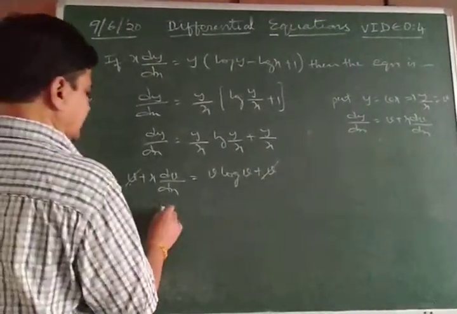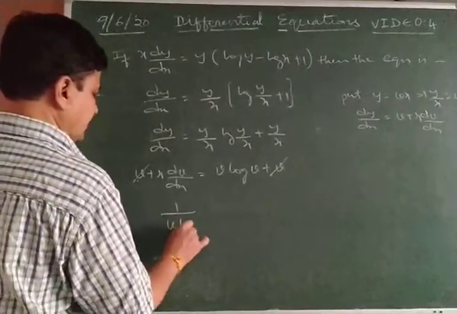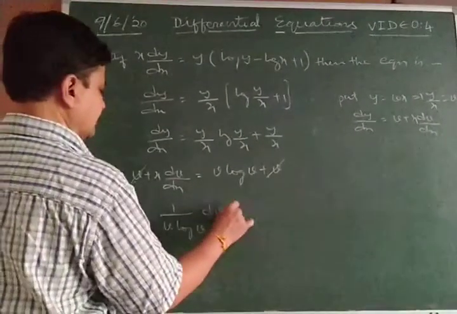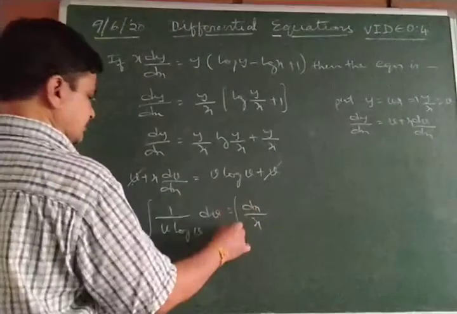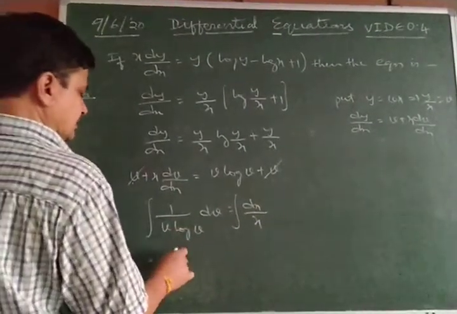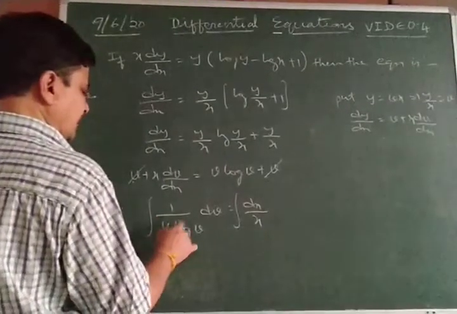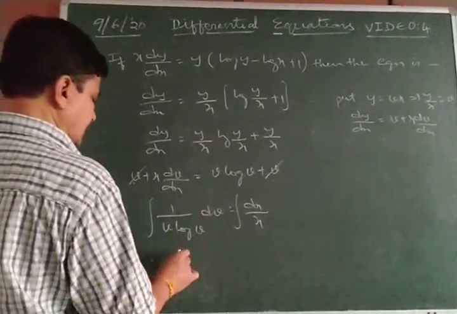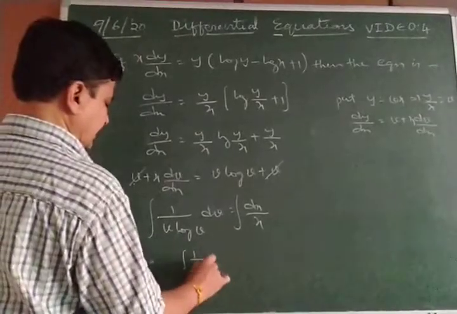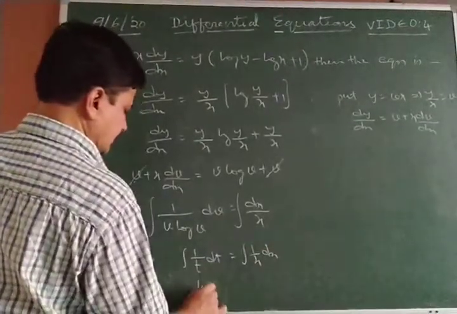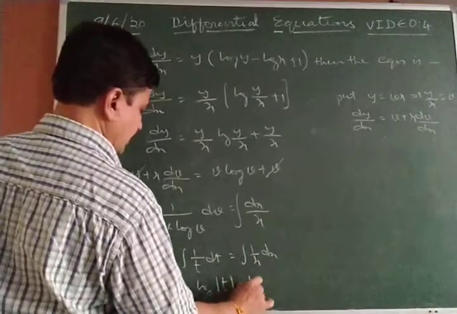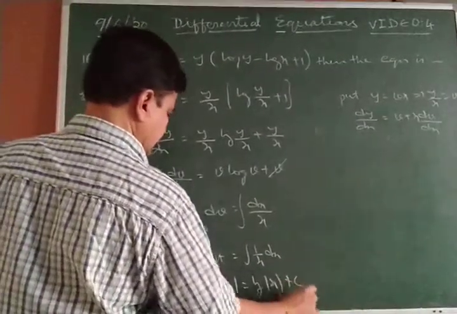Now we take 1/(v log v) dv = dx/x. Now applying the integral on both sides, let log v be t, so 1/v dv = dt. So 1/t dt = integral of 1/x dx. Now this is log|t| = log|x| + c.